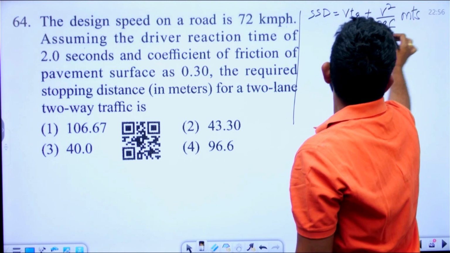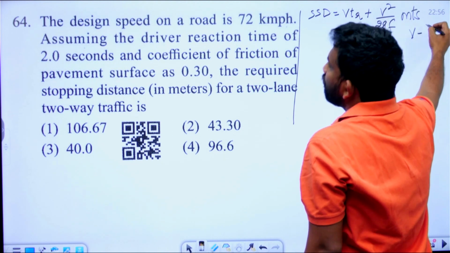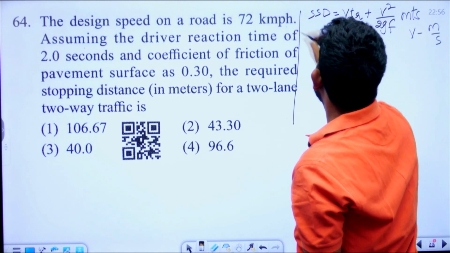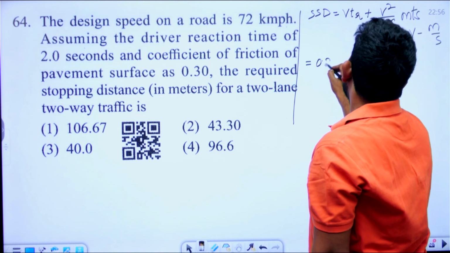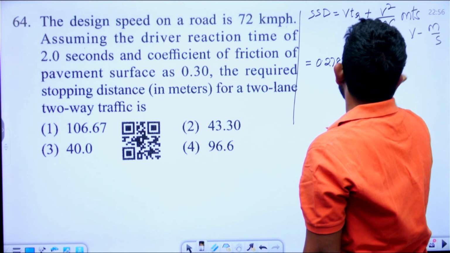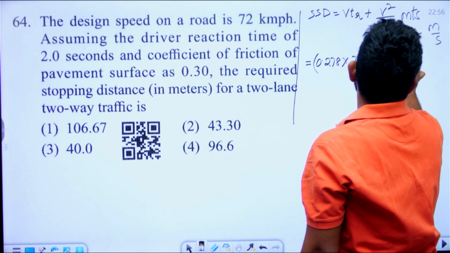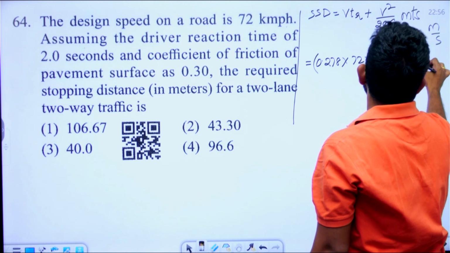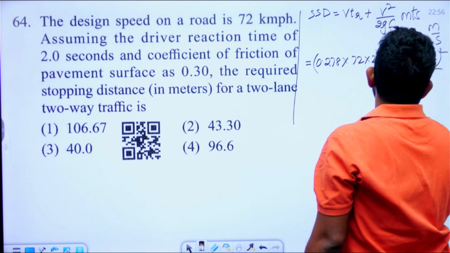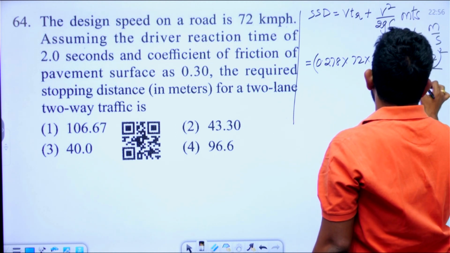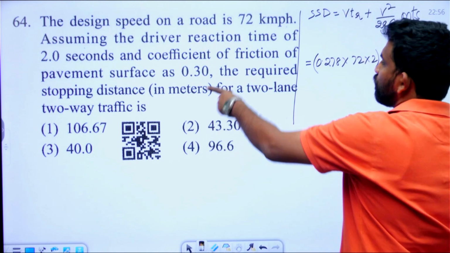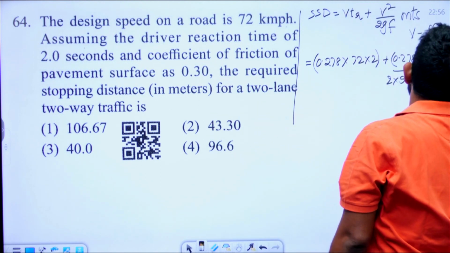We have to take velocity in meters per second, but here it was given in kmph, so we convert it: 0.278 into velocity 72 into reaction time T_R, plus 0.278 into velocity 72, whole square, upon 2 into 9.81 into the friction coefficient, which is 0.30.